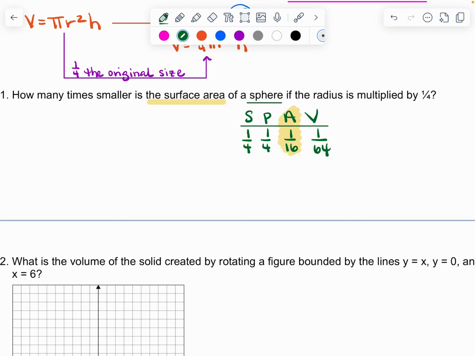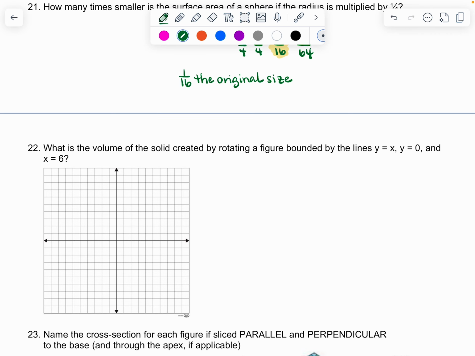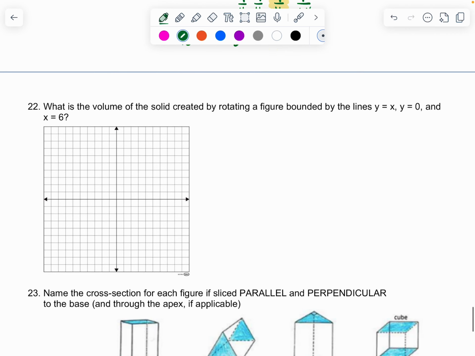So when it says how many times smaller is the surface area, that means I clearly want to just pull my answer directly from the A column. So the surface area would be 1/16 the original size, or 1/16 the size of the original. That might be a better way for me to say that.